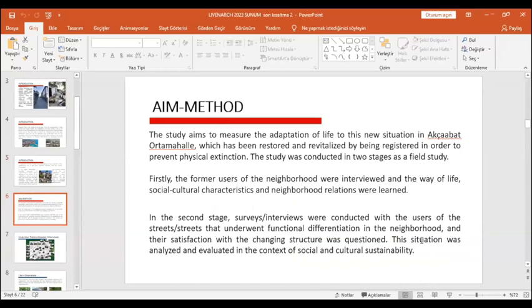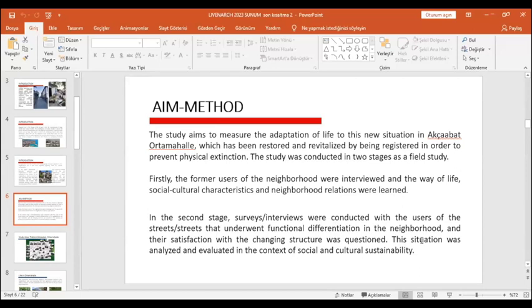The study was conducted in two stages, field study. Firstly, the former users of the neighborhood were interviewed, and their way of life, social and cultural characteristics, and neighborhood relations were learned. In the second stage, survey interviews were conducted with the users of the streets that underwent functional change in the neighborhood, and their satisfaction with the changing structure was questioned.